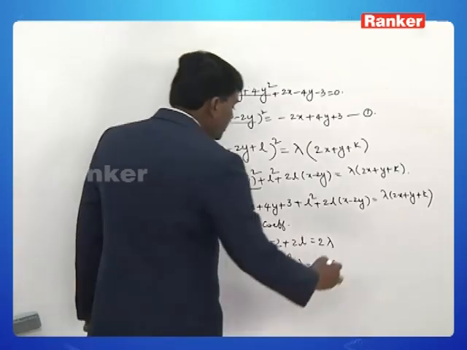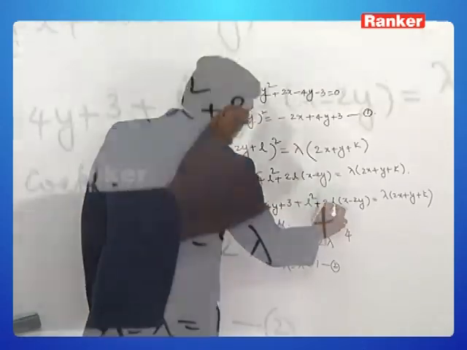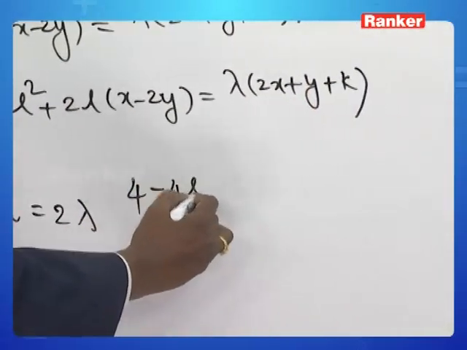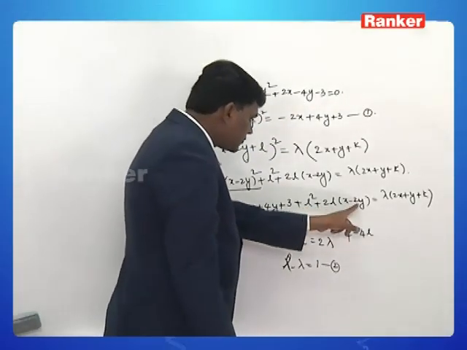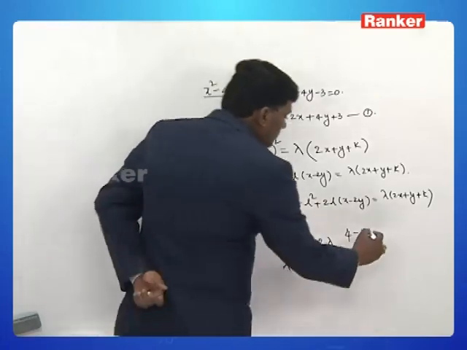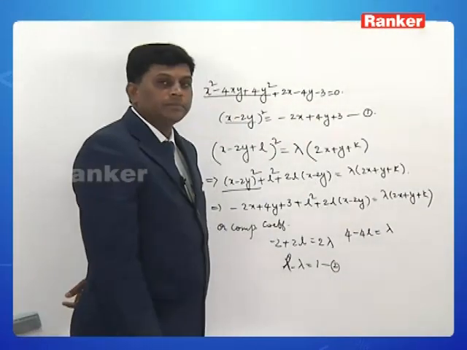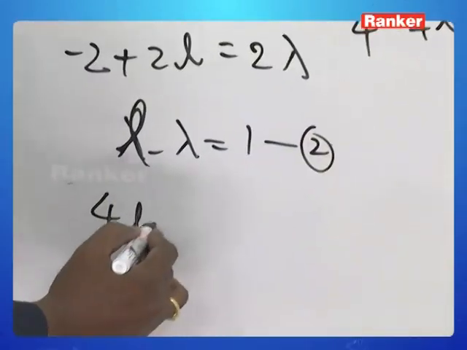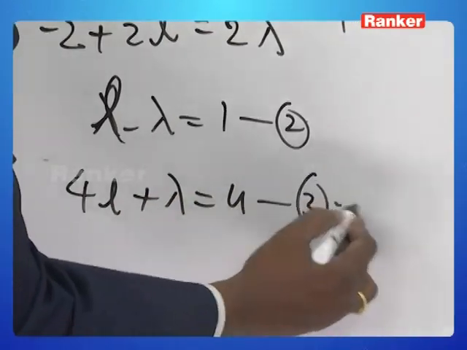Comparing the y coefficients, 4 minus 2L into 2, that is minus 4L, so 4y minus 4Ly equals lambda y. Comparing coefficients, we get 4L plus lambda equals 4.